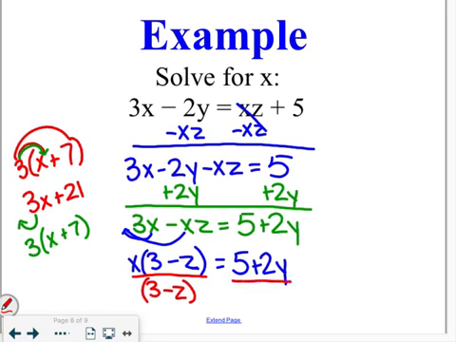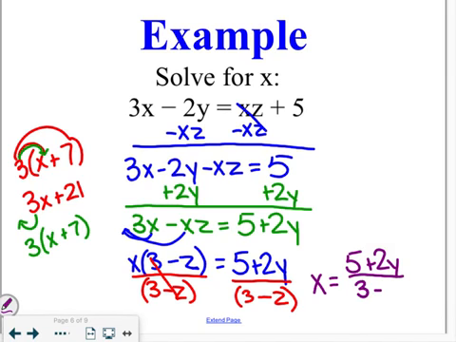I'm going to divide that whole side by 3 minus z. Since we have some subtraction involved, there's really no way to simplify that. So our final answer for this is x is equal to 5 plus 2y over 3 minus z.